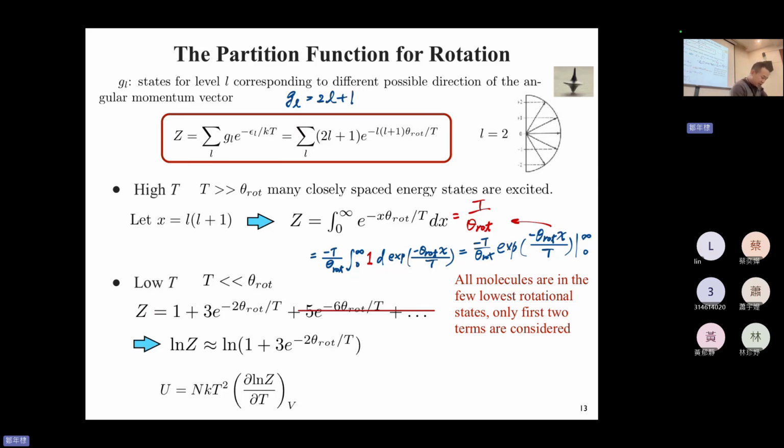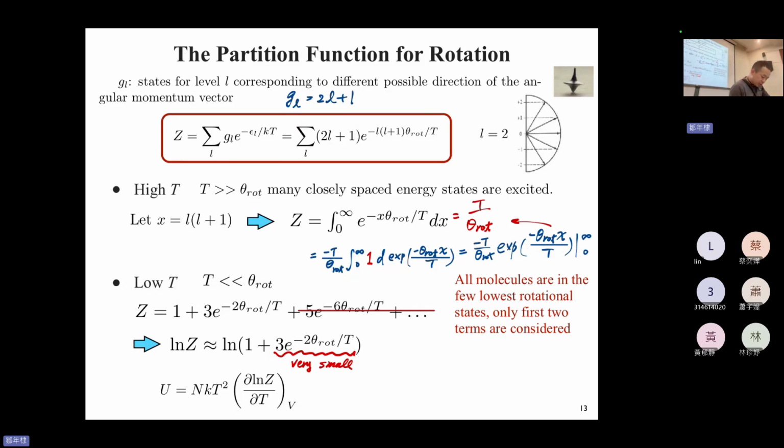Okay, interestingly, because your temperature is much less than theta rotate, this exponent is minus a big number, so the exponential is really small, very small, of course much less than 1.